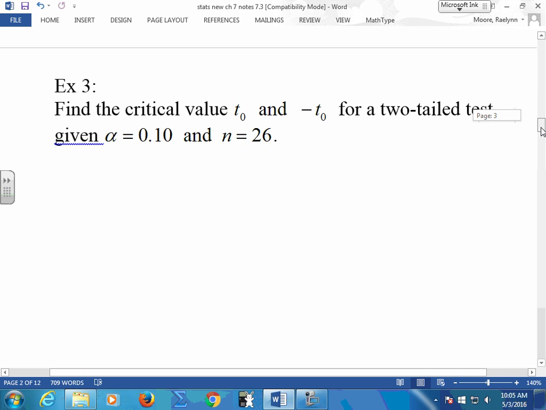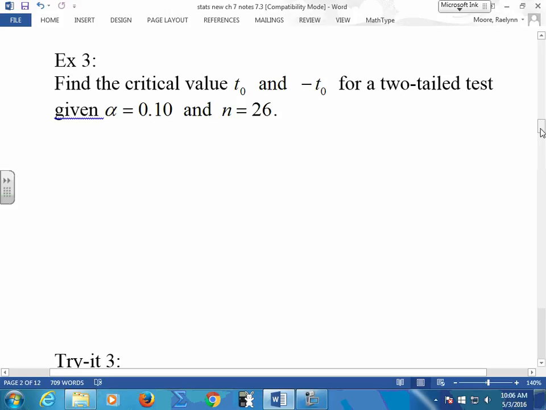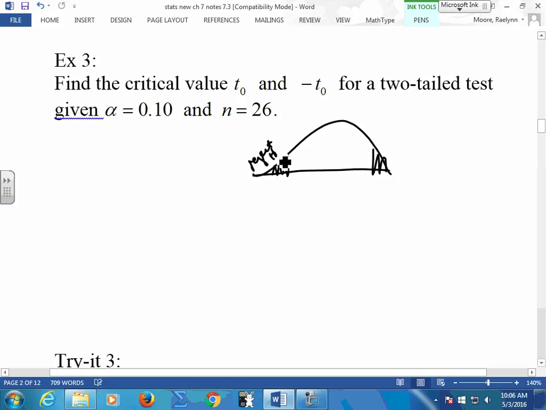So now we're going to do it. We're going to jump over to a two-tail. We have two possible tails. This is a reject H0. This is a reject H0. And this is failed to reject H0. TC negative, TC positive.